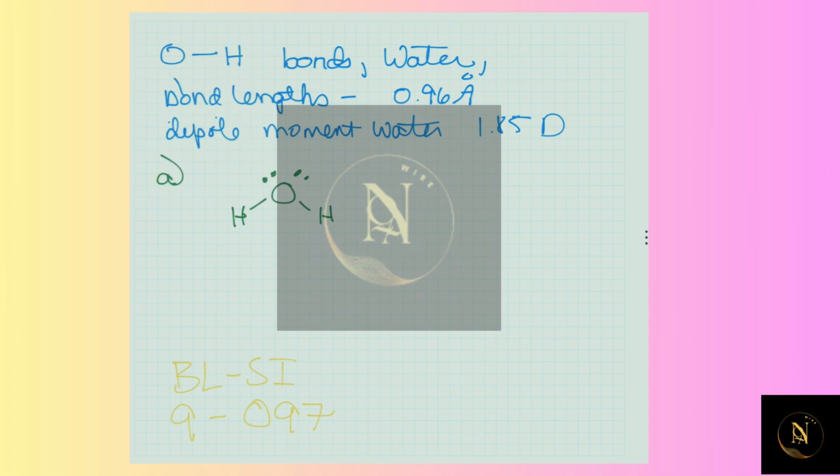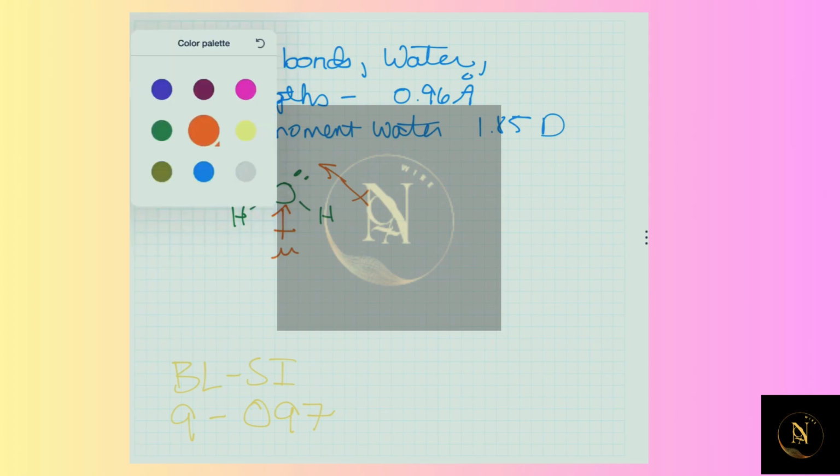And the dipole moments for the bonds look like this. And the dipole moment of the molecule looks like that. So those are the directions that all the different dipole moments show.